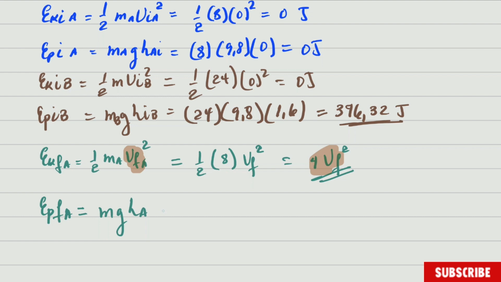So we come here and we substitute. This one is 8 multiplied by 9,8 multiplied by the height, which is 1,6. All right, and we get that this one is 125,44 joules. That is the other answer we have here.